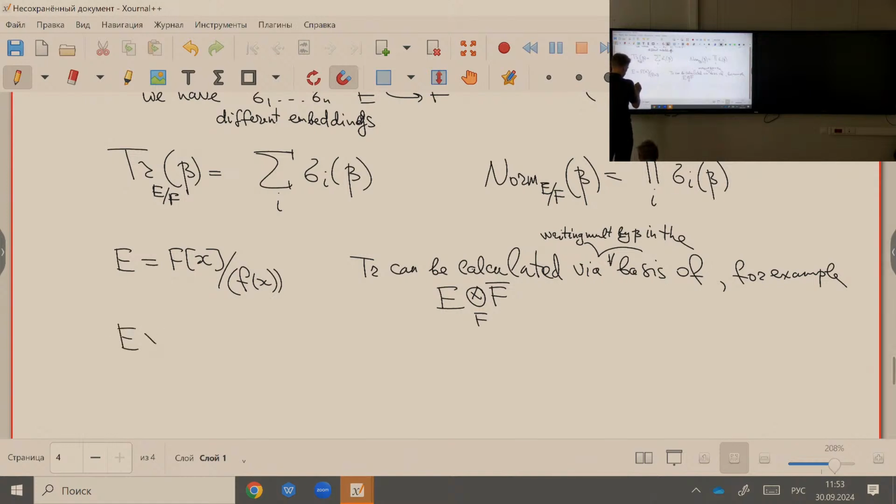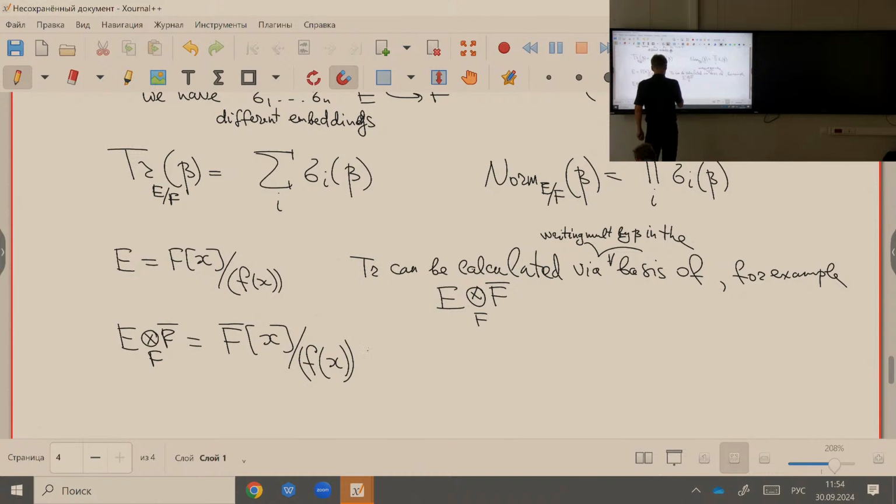You are taking E tensor F-bar, which is F-bar[x] modulo f. So you are extending this field, but over this field f is decomposable now. So this is isomorphic, by the Chinese remainder theorem that we shall prove, since f has distinct roots.